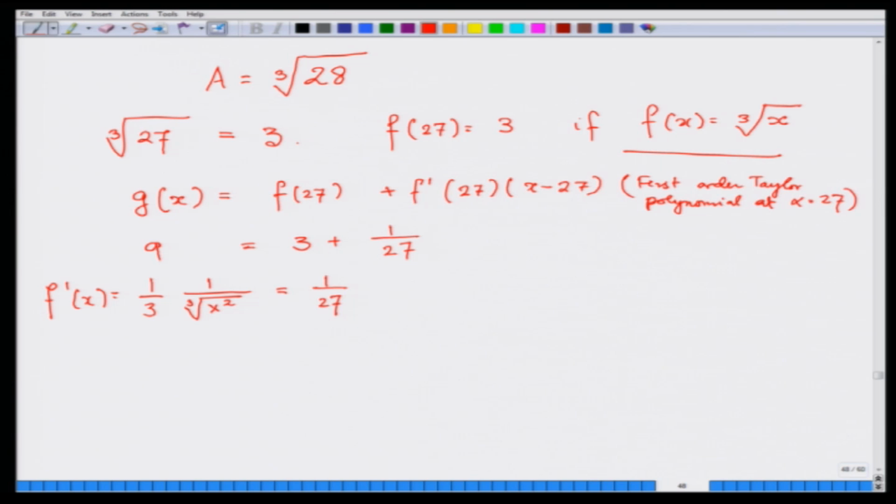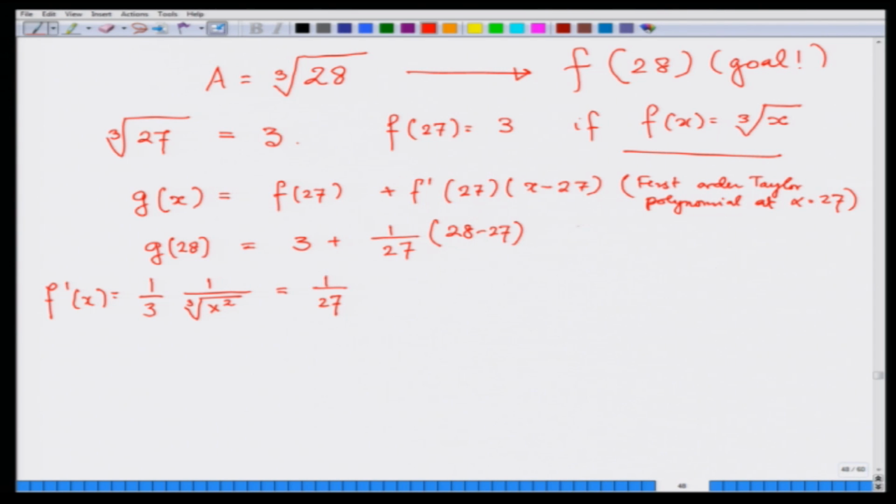So, let me just compute the g at 28. So, that is exactly what I want. Here my goal is now, if I have given the function like this, my goal is to compute f of 28, this is the goal. So, f of 28 is now this 28 minus 27.